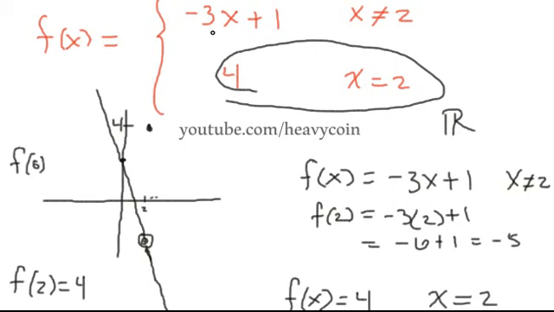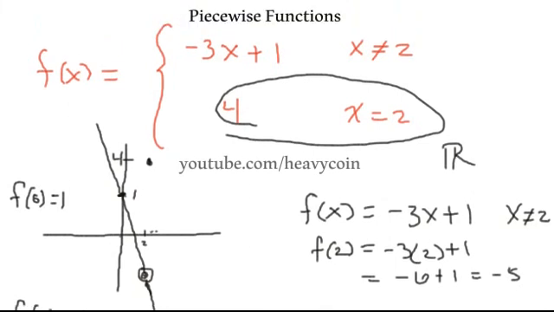Which one do I use, the top one or the bottom one? Well, the bottom one says we can only use 2, but the top one says we can use everything but 2. So that means we can use this. So you plug 0 in and you get 1 out. Okay? So that's how these piecewise functions work.